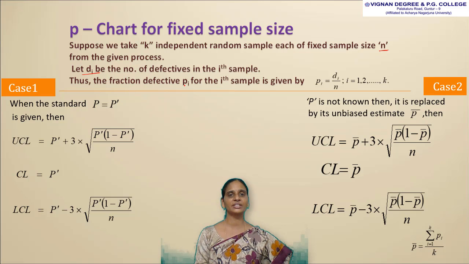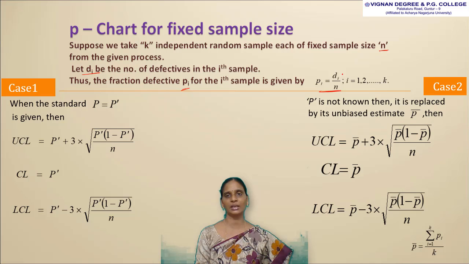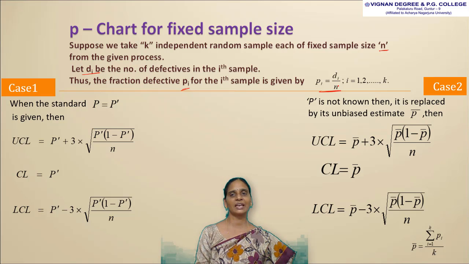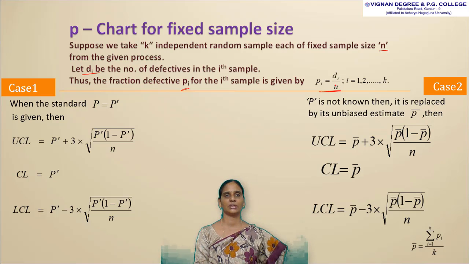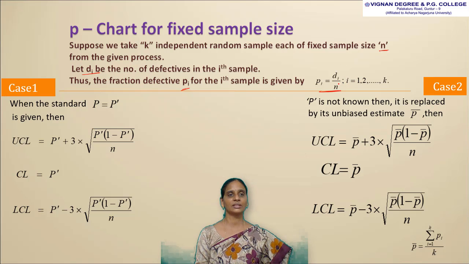Then the fraction defective pi for the ith sample is given by pi equal to di divided by n, that is the number of defectives in the sample divided by the size of the sample. Here we have to study two types of cases: when the standard is given, and when the standard is not given.